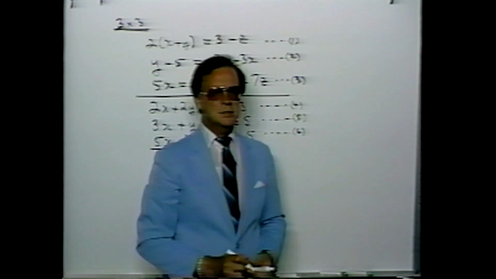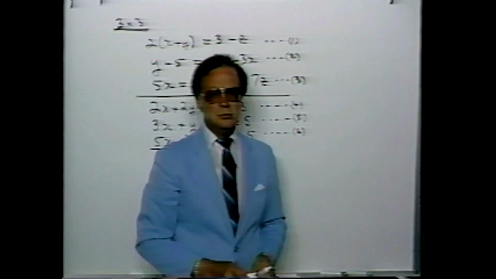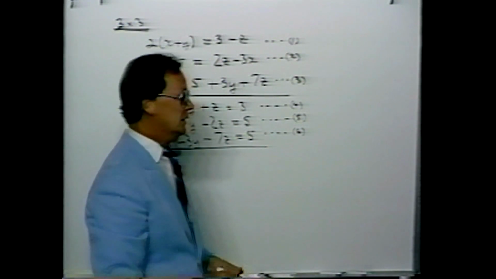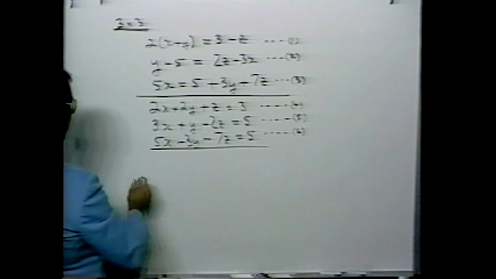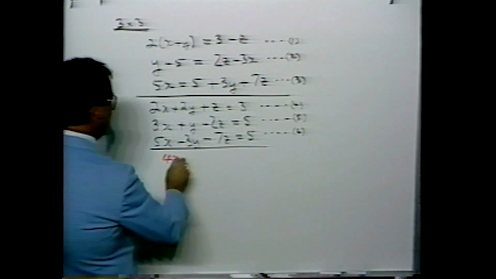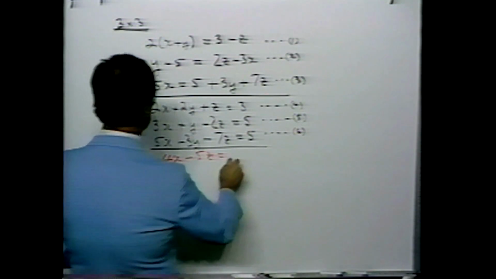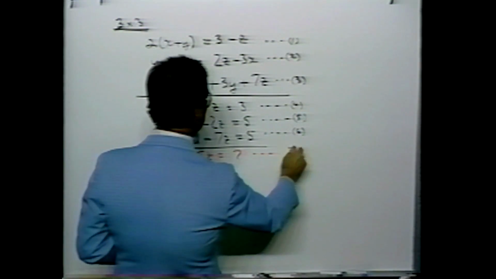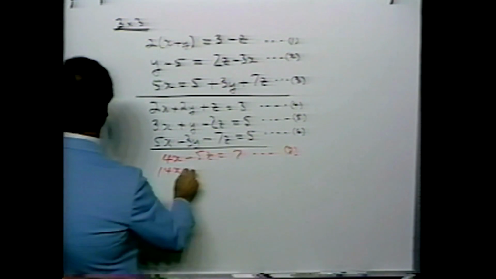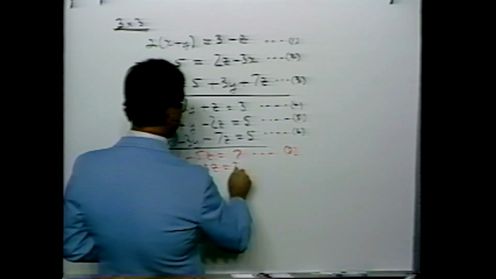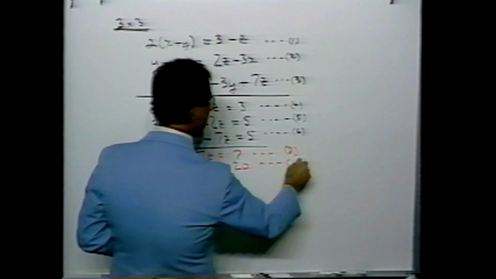So I will now continue with the 2 by 2 system, my first reduction of the 3 by 3 given. And I had 4x minus 5z equals 7, equation number 8, and 14x minus 13z equals 20, equation number 10.